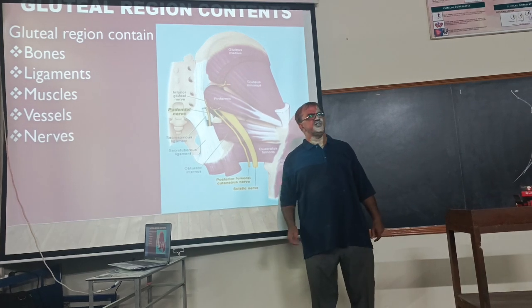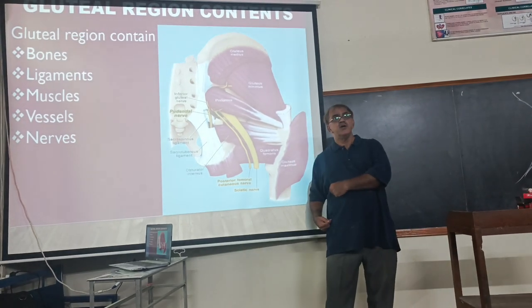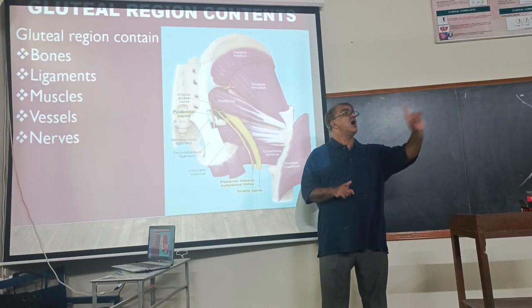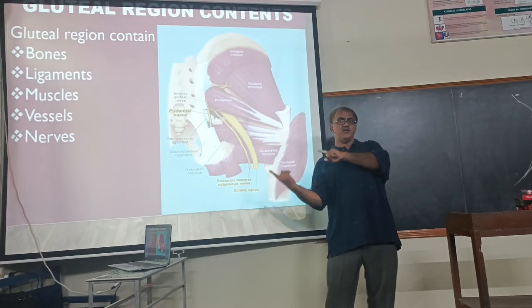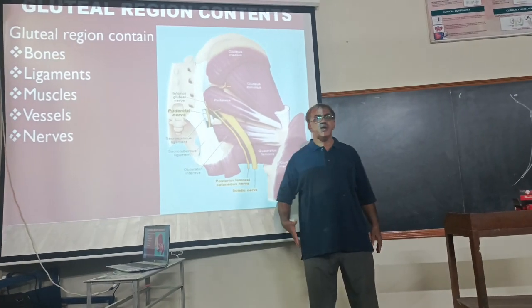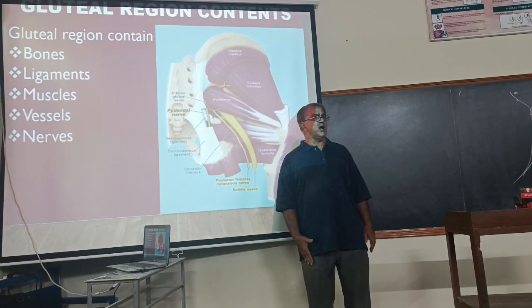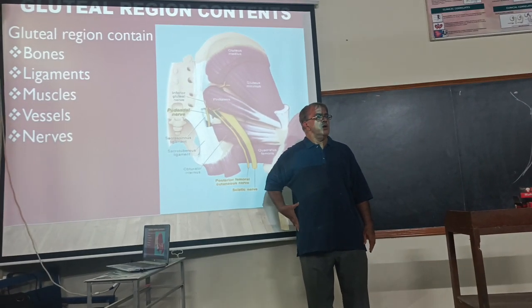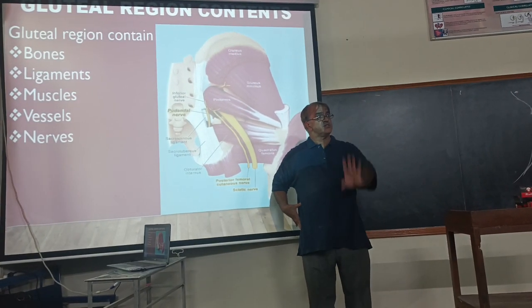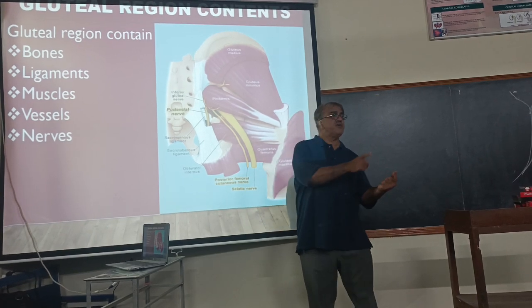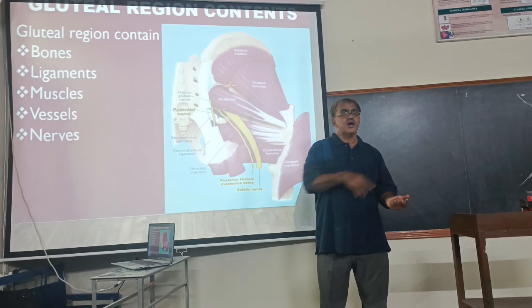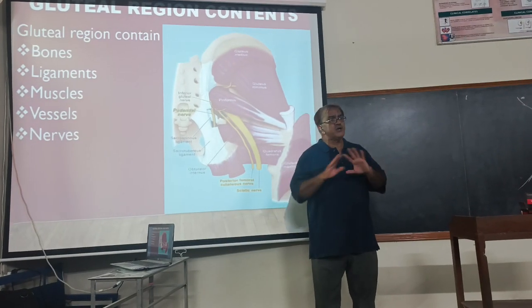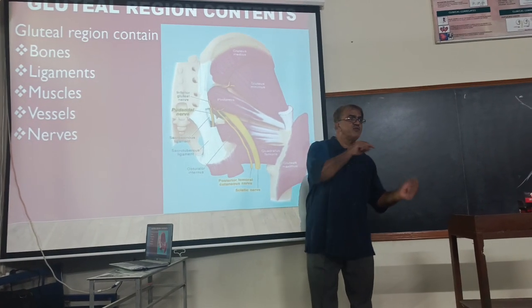Nothing will happen on the right side. The muscles on the right actually support the opposite side. The right one has to support the left, and the left one has to support the right. Now I put my right foot here. Right muscles are paralyzed. What happens is that the left side will tilt downwards. It has the tendency. The right muscles are already paralyzed, they can't do anything, and it will go downwards.